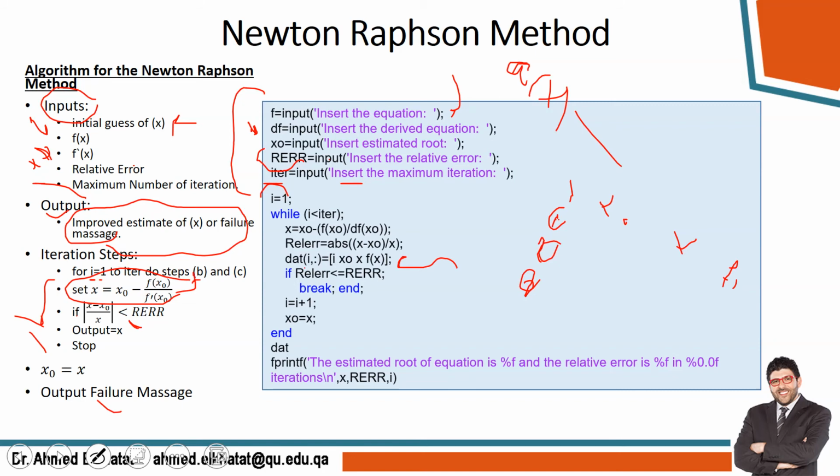Now if the relative error is less than or equal to the relative error defined here, then break the while loop. If not, of course, I equals I plus 1. This means continue, and x naught equals x, so it will continue the loop again.